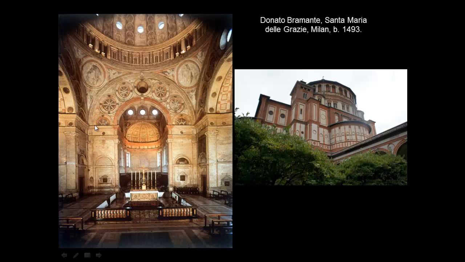And you see these roundels on the arches over each apsidal extension, as well as in the pendentives, these triangular shaped things which harmonize the square shape of the tribune with the circular dome. And you also see the circles on the ribs of this dome. So Bramante is actually using quite a few classicizing elements.